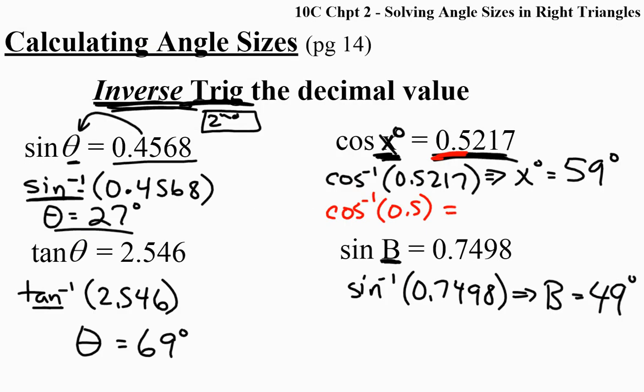Now, the angle that we had was 59. It's close, but it's not the same. This is why with decimal values, we need to work with 3 or 4 decimal places. The more specific, the better.